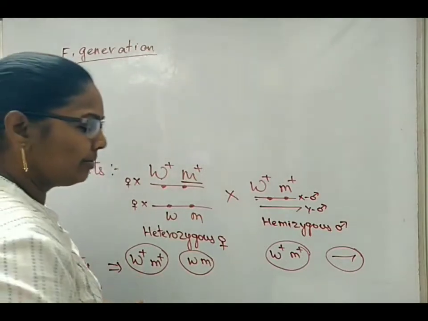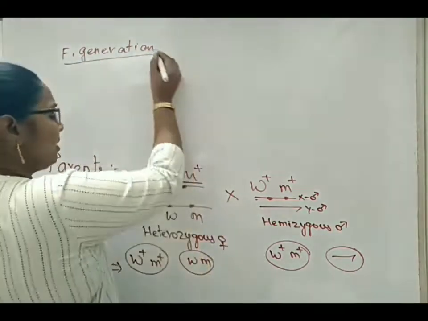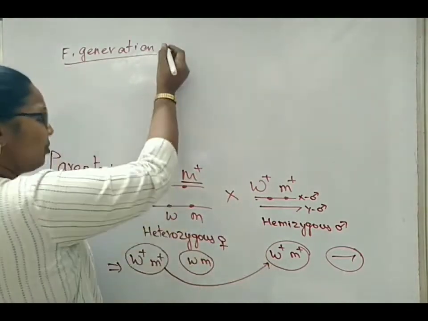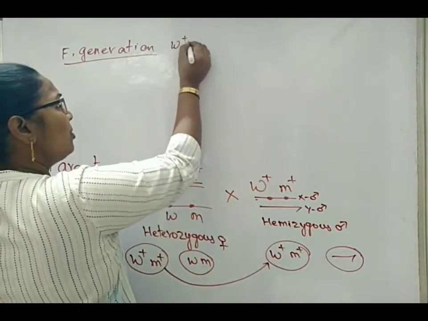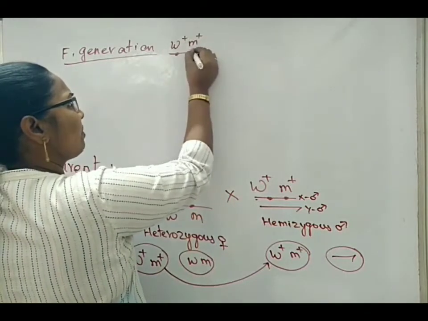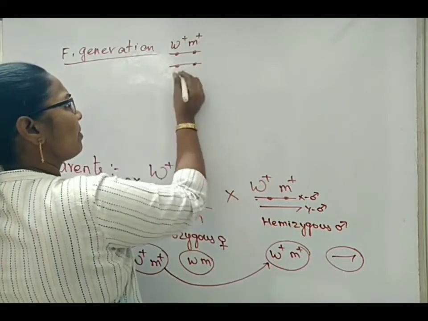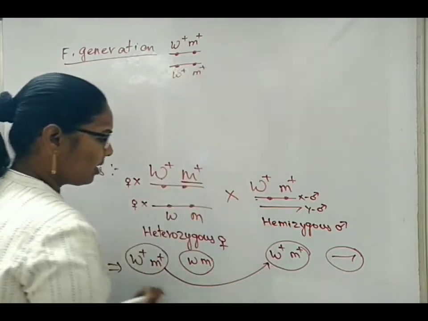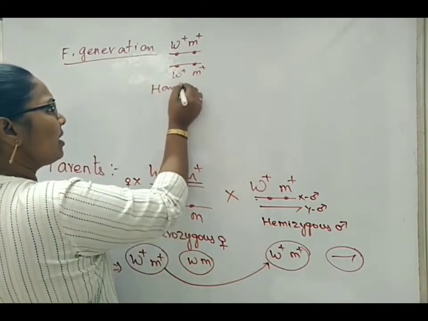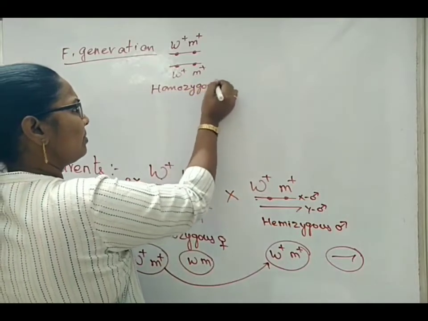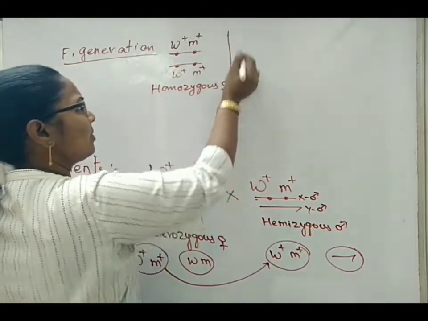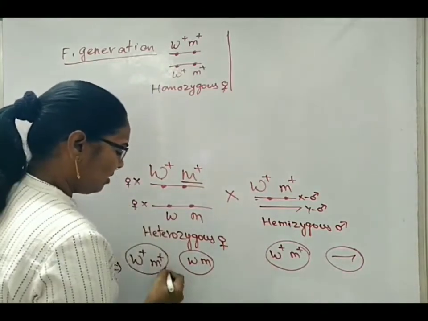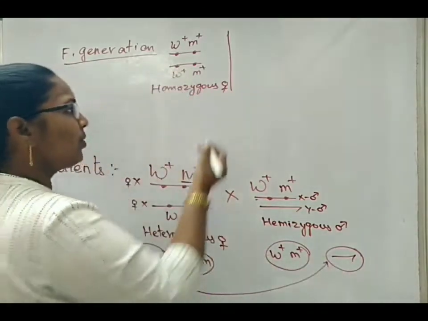F1 generation. Now the offsprings obtained are, if we cross this X of female with the X of male chromosome, then there will be homozygous female. If the cross is like this, then it is homozygous female. Another cross, the dominant alleles with Y chromosome.